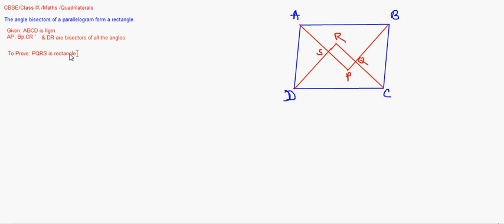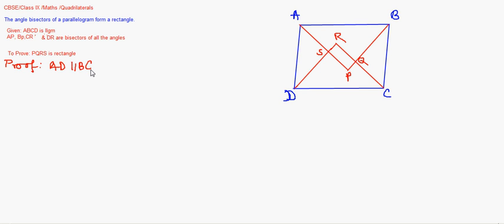If we can prove first, what do we do here? I start writing the proof part here. Because ABCD is a parallelogram, we will know that AD is parallel to BC.